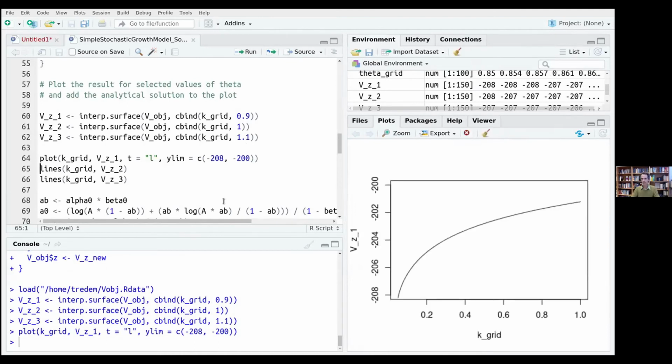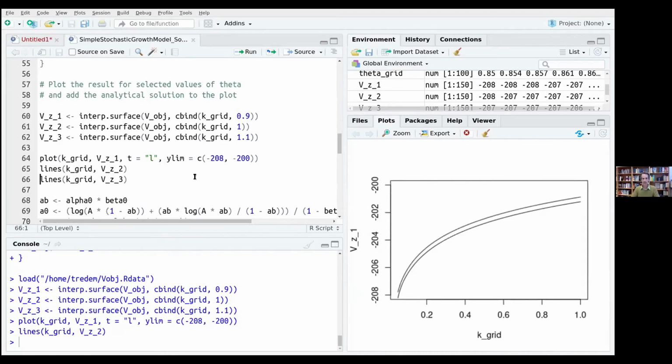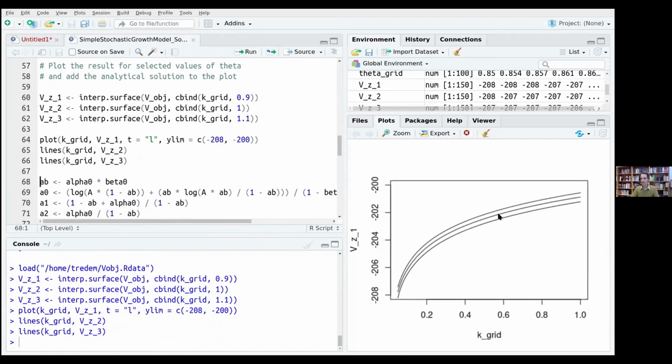So this would be the value function for a low technology level. Here's the capital grid, capital stock running from point something to 1, and the value is negative. You remember this was the case for the deterministic solution as well, and it's the same order of magnitude. And we add the value function for the higher technology level, and if technology level is higher, well, the value is higher and even higher.